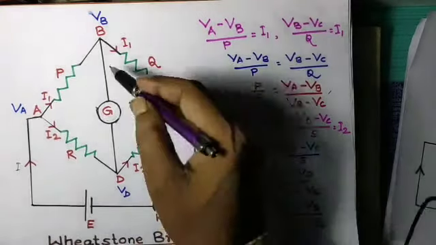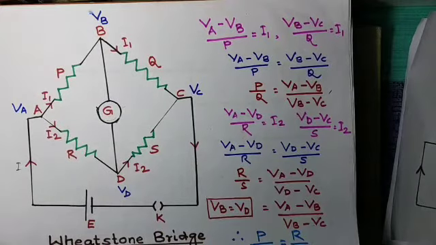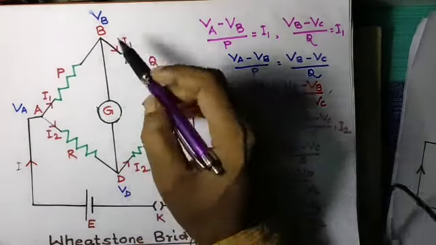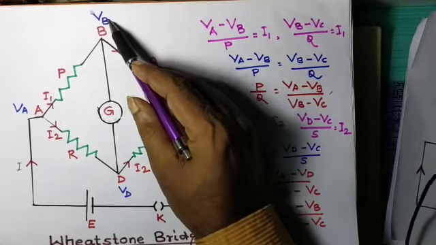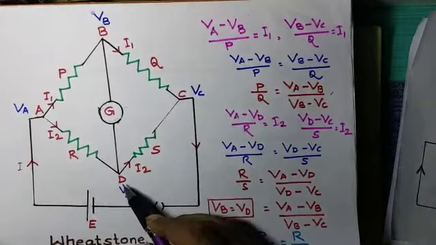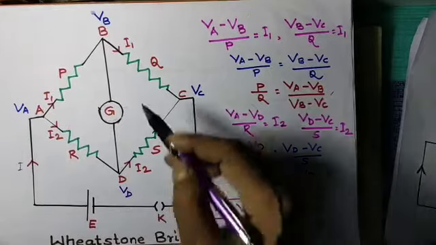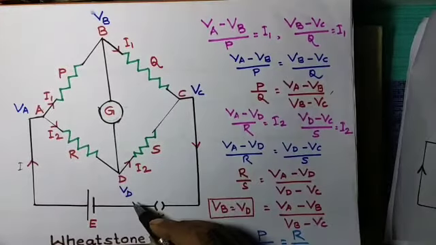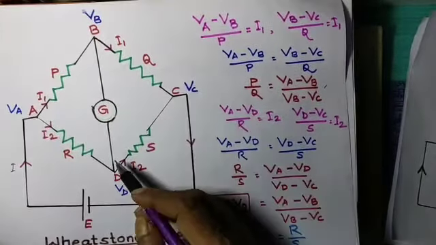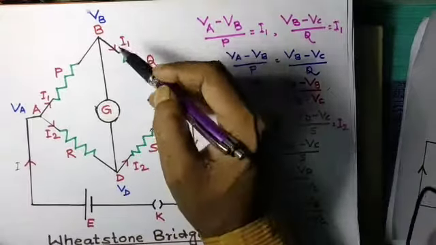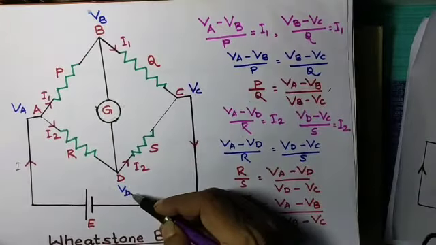If this is the null condition of the galvanometer, that means if the potential at point B is VB and the potential at point D is VD, and VB and VD are the same, then no electricity will flow through the galvanometer, and we can say that VB minus VD is equal to 0.